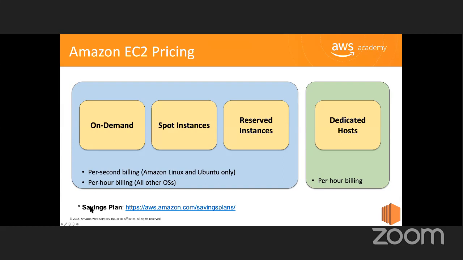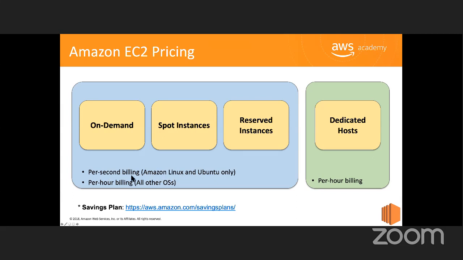I don't know if that's in the exam yet. It's very new, a new service that was added to save even more money in AWS. I put a link here, and it's going to be in your quiz for today as well. Don't forget savings plans. On-demand, spot, reserved instances, dedicated hosts.